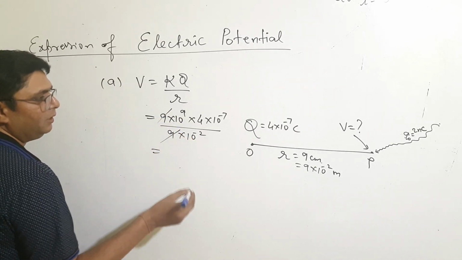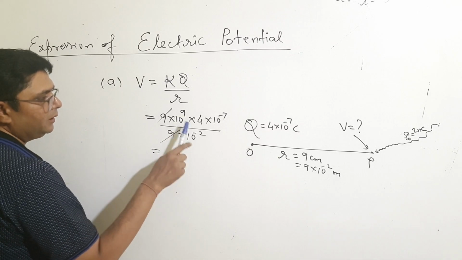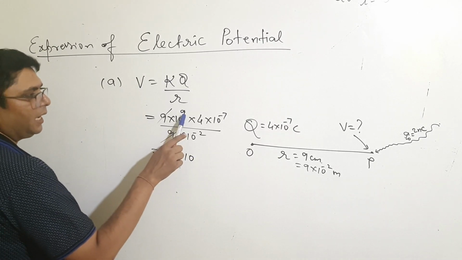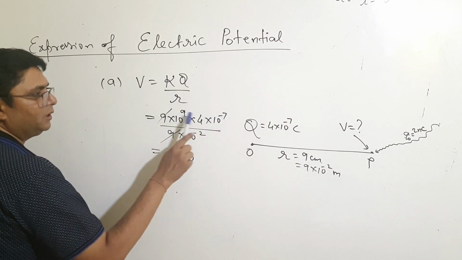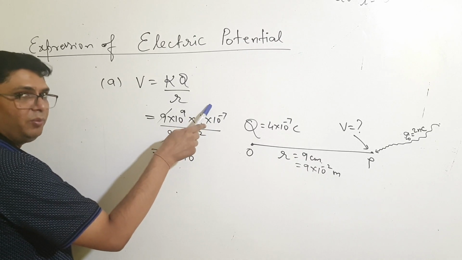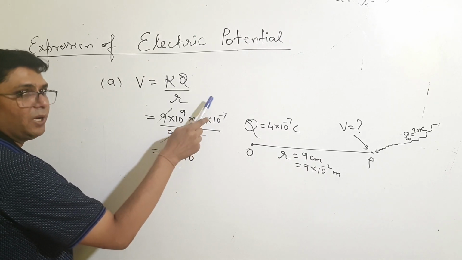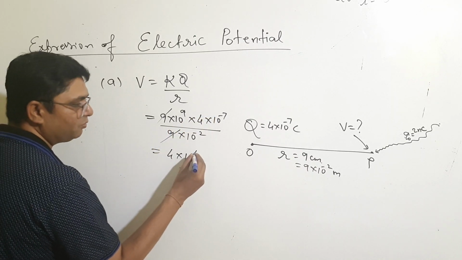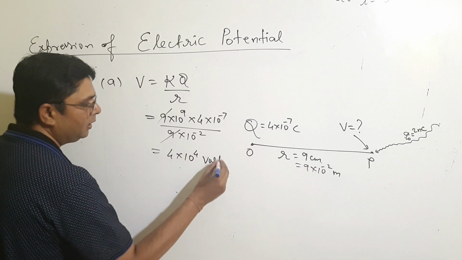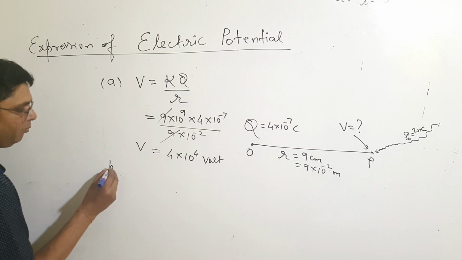So we have 4 into 10 to the power 9 minus 7 plus 2, which gives 10 to the power 4. So 4 into 10 to the power 4 volt is the potential, part A.